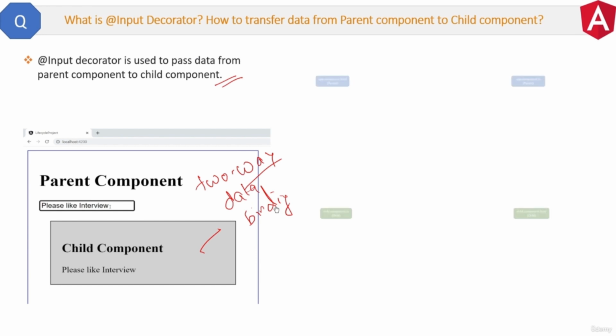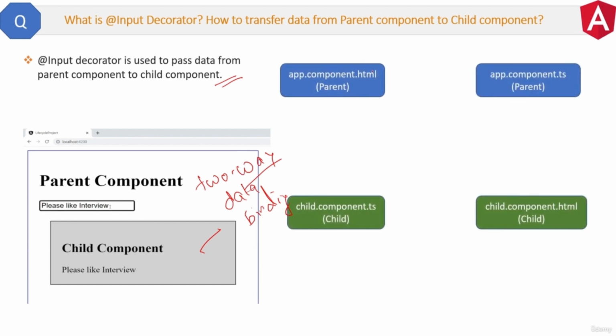Now here is the final flow. Here we have our app component as parent component and then we have the child component. Here we will enter the data inside the input of the app.component.html file, which will then be passed and written back from the app.component.ts file, and that will happen with the help of two-way data binding.